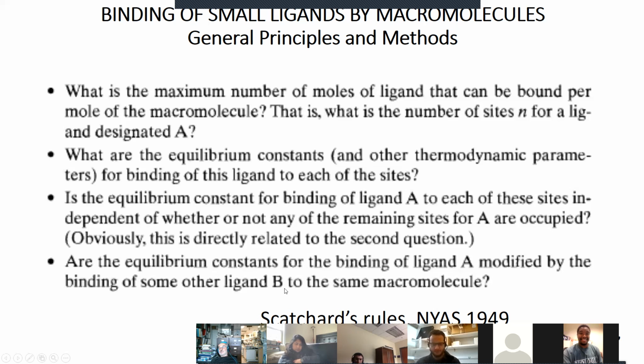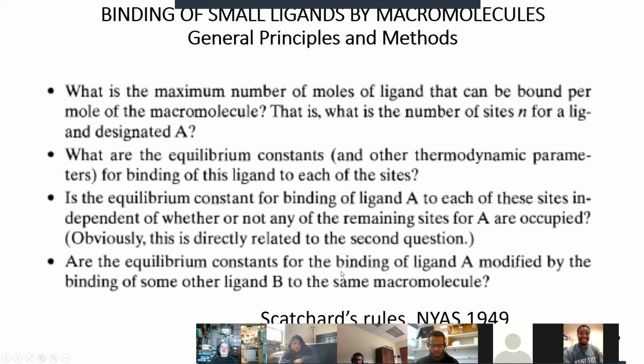Okay, so the example that we have already talked about in Med Biochem, the example that we will be talking about before we're done next week, is oxygen binding. Oxygen binding to hemoglobin depends on proton binding. So oxygen binding to hemoglobin is pH dependent.